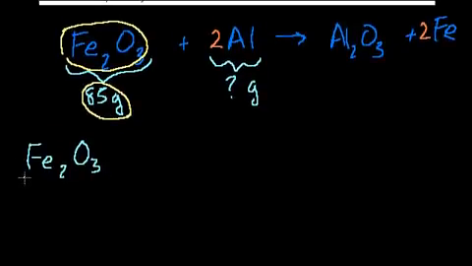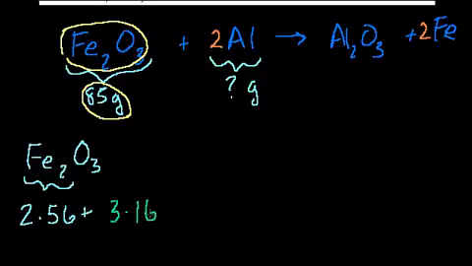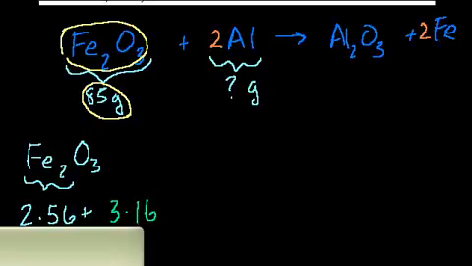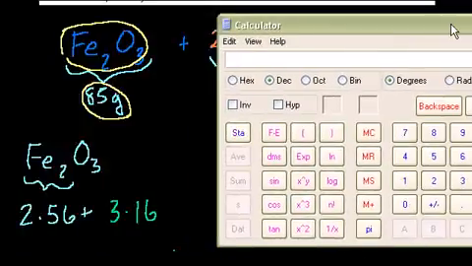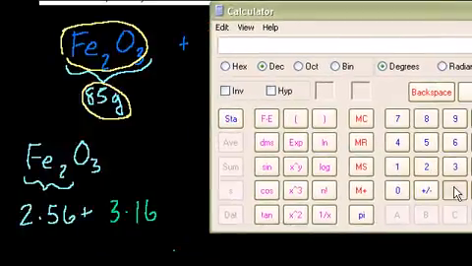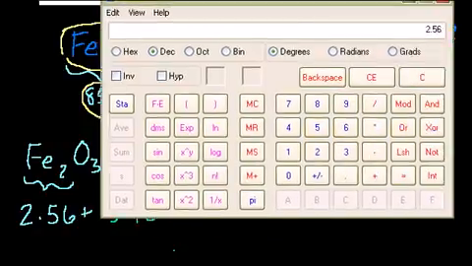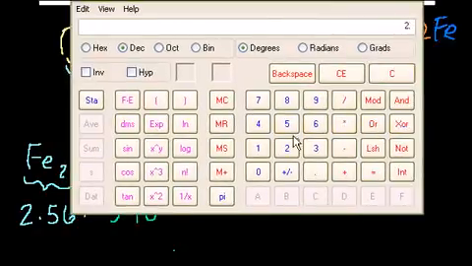So this mass is going to be 2 times 56 plus 3 times 16. We can do that in our heads, but this isn't a math video, so I'll get the calculator out. So let's see. 2 times 56 plus 3 times 16 is equal to 160.